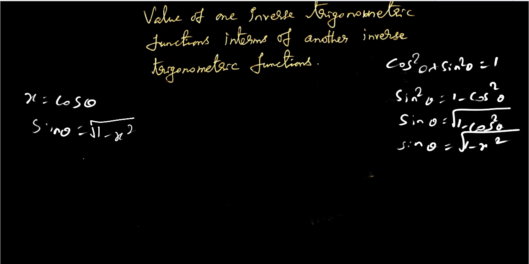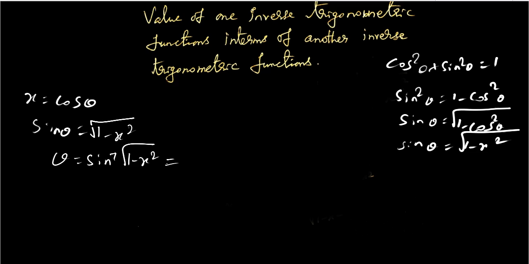From this we can arrive at theta equal to sin inverse of square root of 1 minus x square.